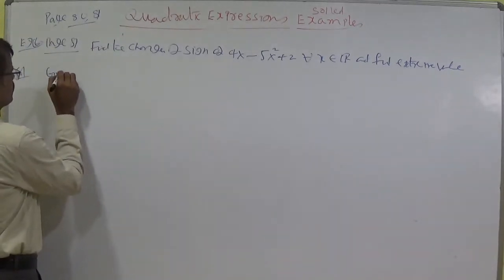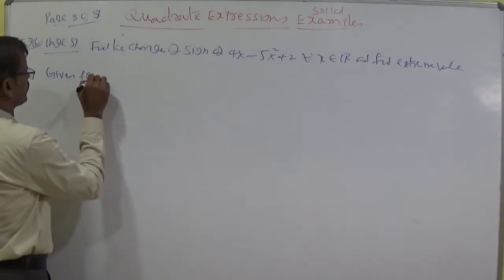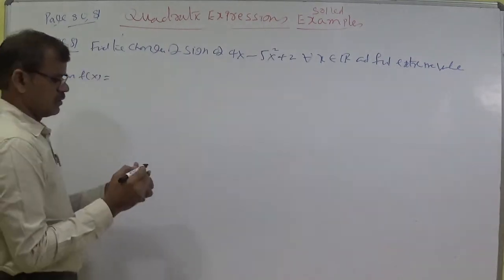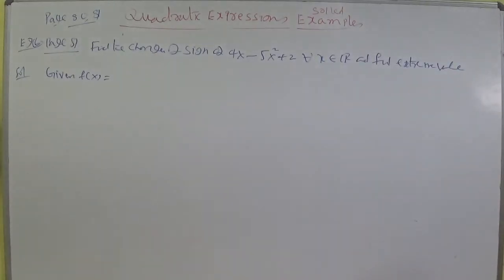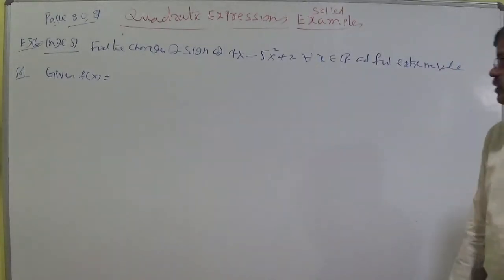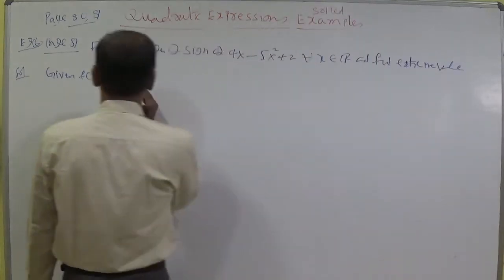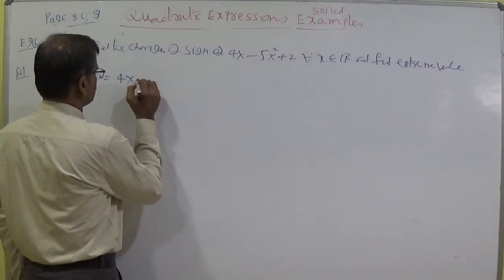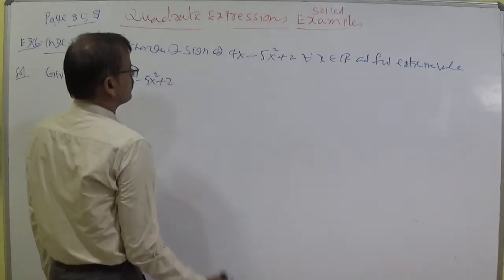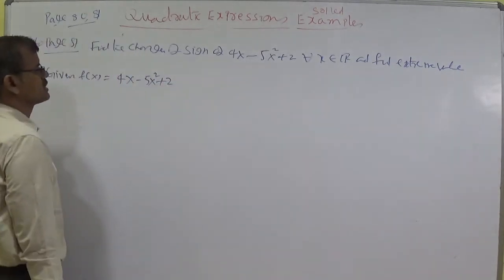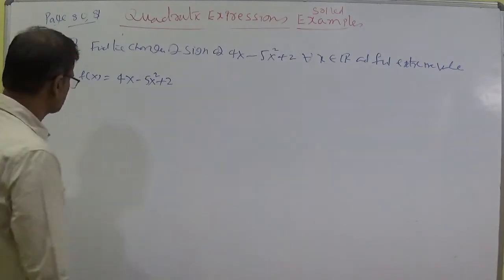Given f of x, I am writing, f of x is equal to 4x minus 5x square plus 2.